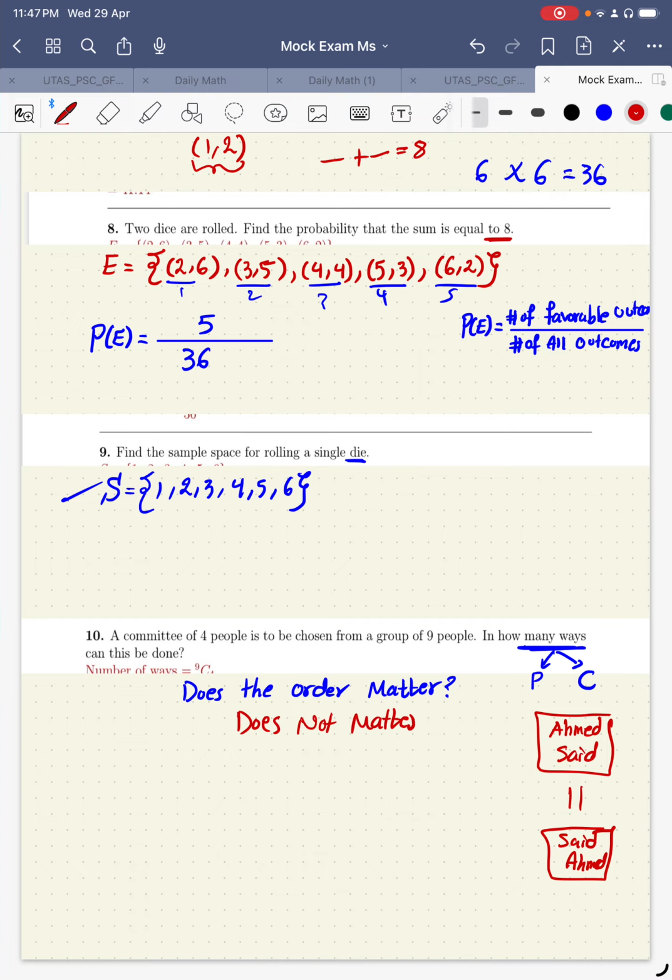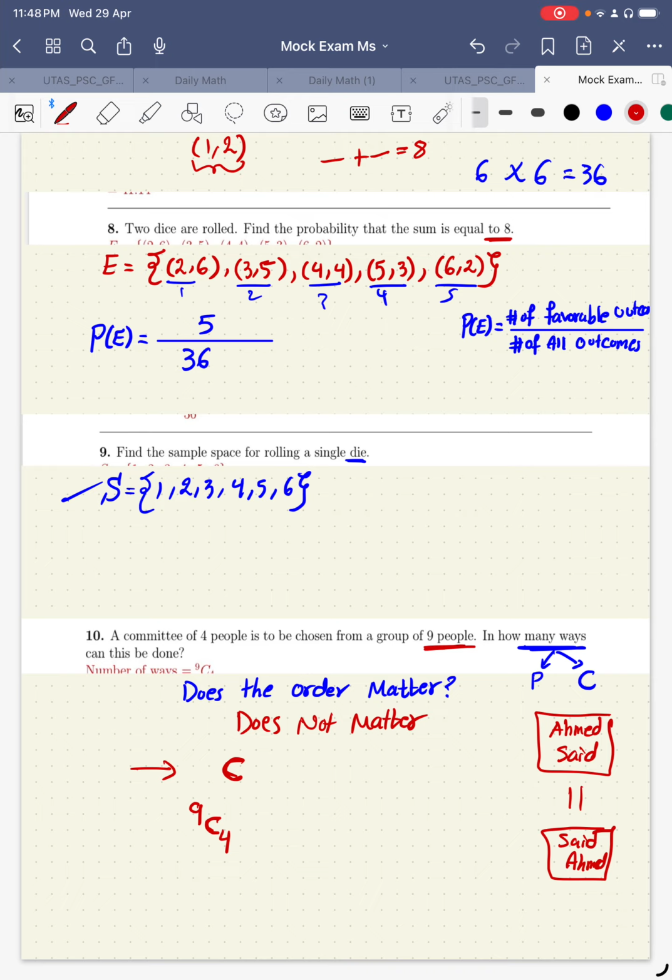If the order does not matter, then you're gonna use what? Combination or C. So the answer for that is, we're gonna have 9 people here in total, and from the 9 people we would like to choose what? How many? 4.